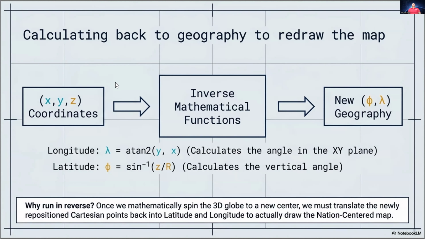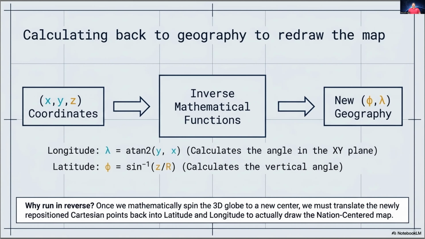Okay, calculating back to geography to redraw the map: XYZ coordinate and inverse mathematical function, new omega gamma geography, new latitude longitude geography. Longitude gamma is arctangent of y over x, and calculate the angle in the xy plane. Latitude omega is sine reverse of z divided by radius, calculate the vertical angle.